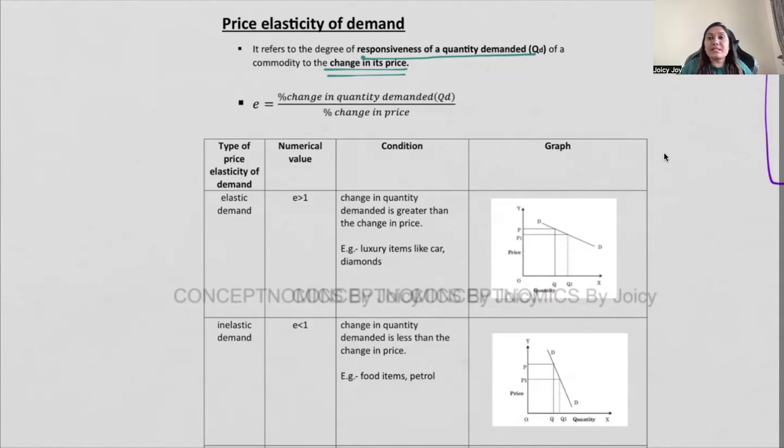This response can be seen from the change in quantity demanded. Now, this is the formula which we have already discussed. Elasticity is equal to percentage change in quantity demanded divided by percentage change in price.